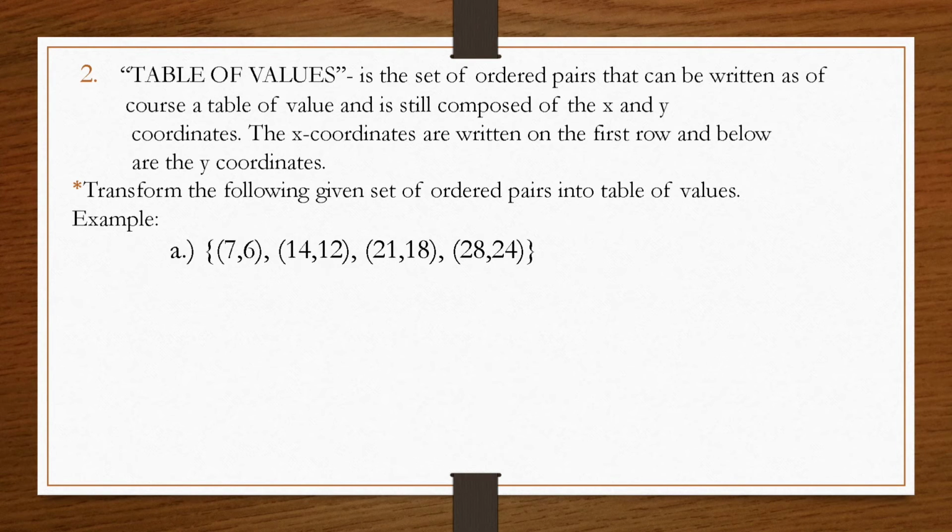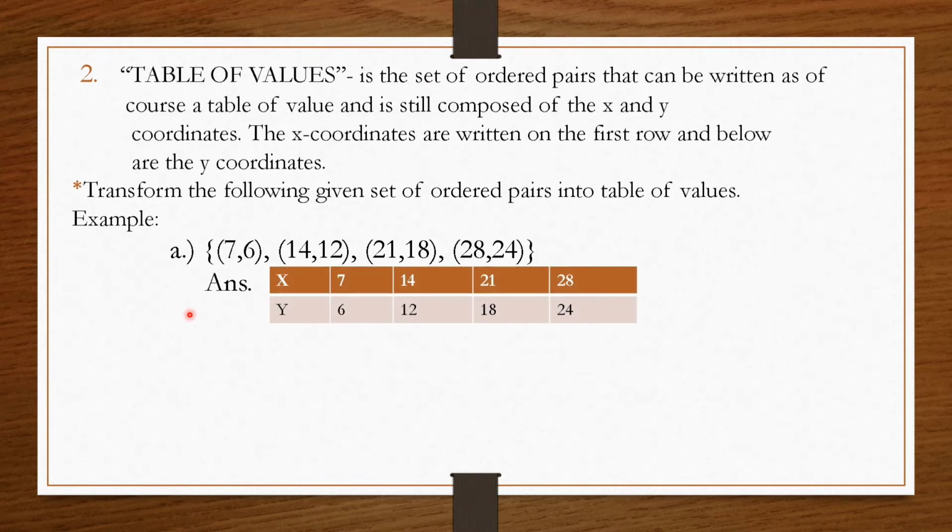So for the first example, we have 7 and 6, 14 and 12, 21 and 18, 28 and 24, and the answer will look like this.